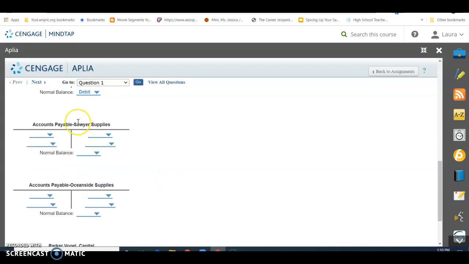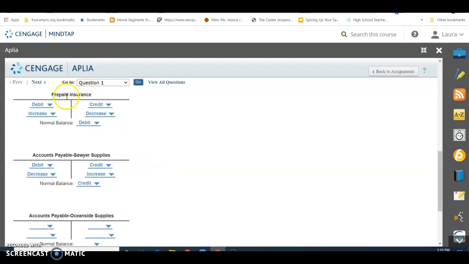Okay, now we have a new one. Accounts payable, Sawyer Supplies. This is a liability because it says payable. Debit on the left, credit on the right. That never changes. However, the increase side is going to be the credit this time. The decrease side is going to be the debit. And the normal balance is whatever side is increased, so that is going to be the credit.